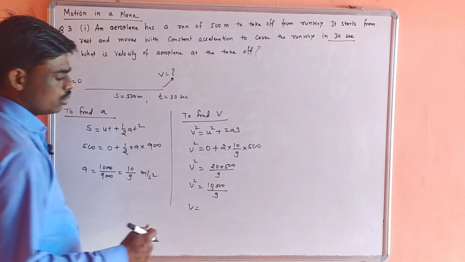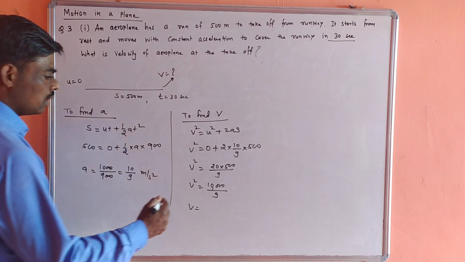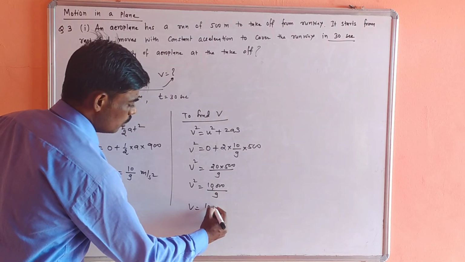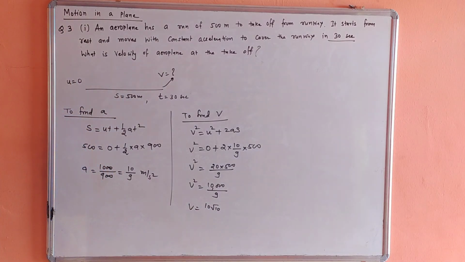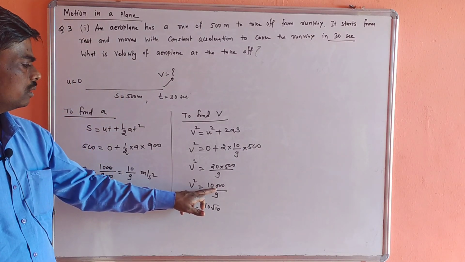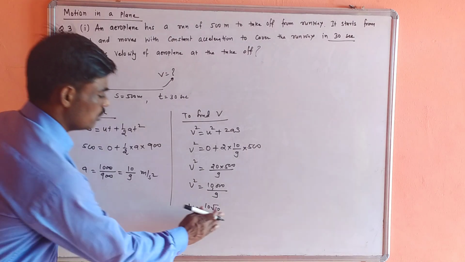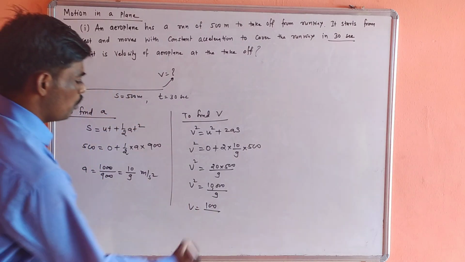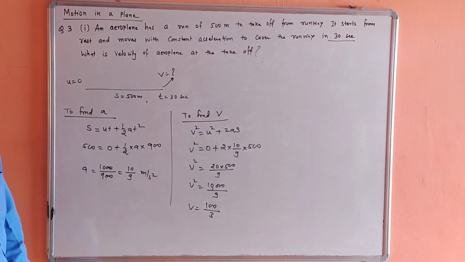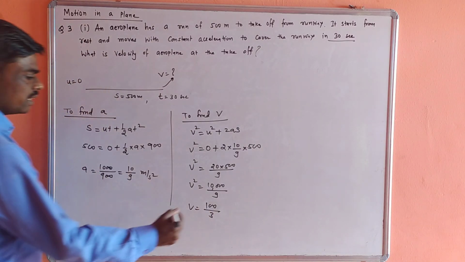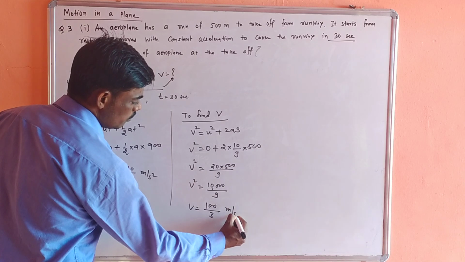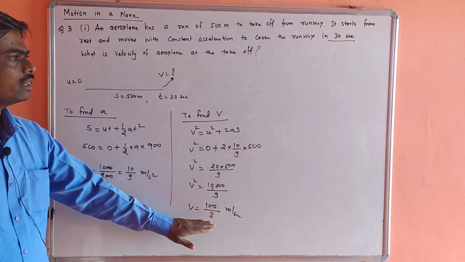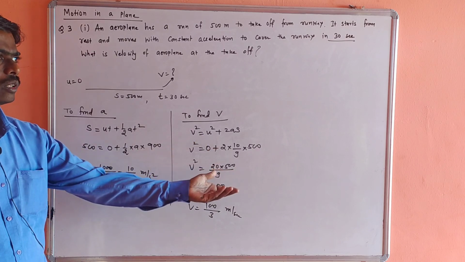On taking the square root, it becomes 100 by 3. This answer is in meter per second. We can convert this value into kilometer per hour also.